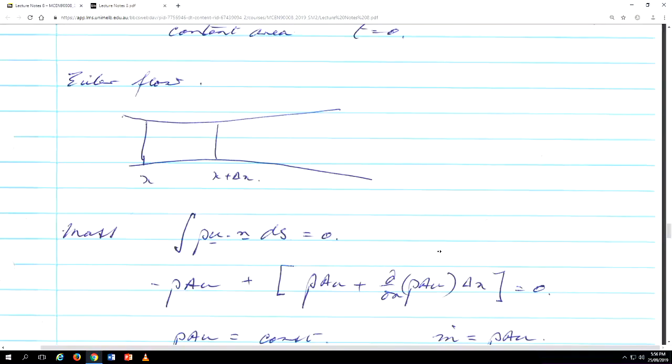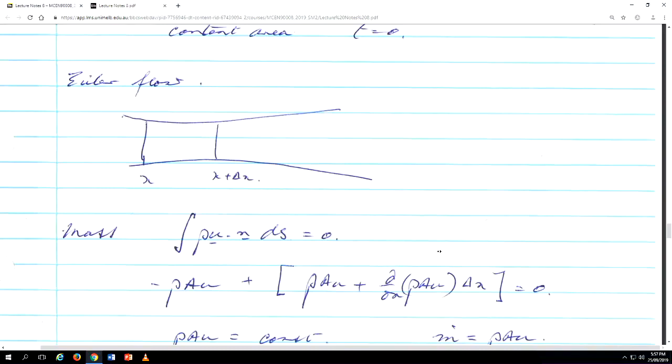I have nothing on that surface and nothing on that surface. The n is this way and this way, but there's no u dot n because u is perpendicular to n. But on this surface here, because this is only delta x different, it will be rho A u plus d/dx of rho A u times delta x, equals 0. So that's that equation. It's not complicated.